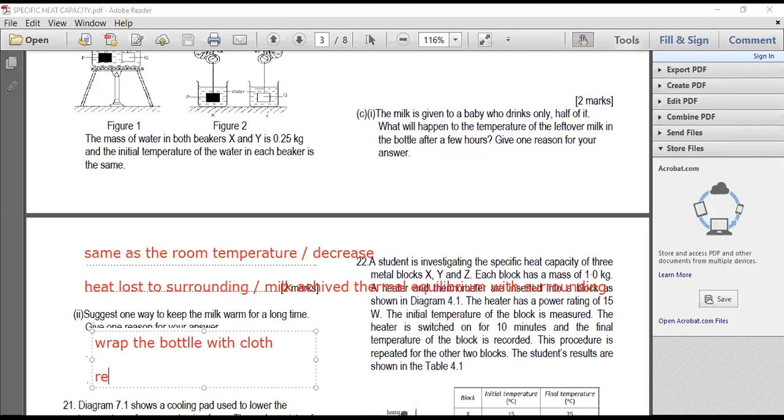The reason: reduce heat loss to the surrounding. We can say wrap the bottle with cloth, or put it inside polystyrene material. All this is to reduce heat loss to the surrounding.